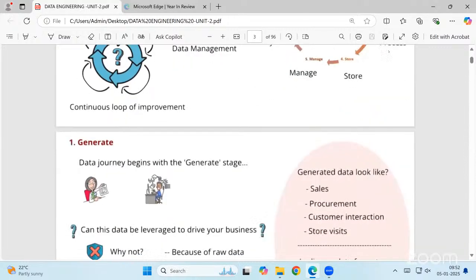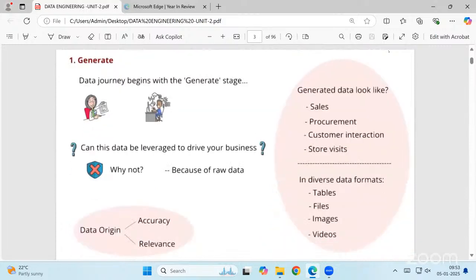Who generates data? What are the sources of generating data? Salespeople, procurement, like when you purchase any goods, household applications, consumable goods, whatever comes under procurement. Customer interaction with the service providers, whether the product is an automobile, pharmacy, or electronic goods: you face any problem, you give complaints to the service providers and they resolve it, and again that forms data.